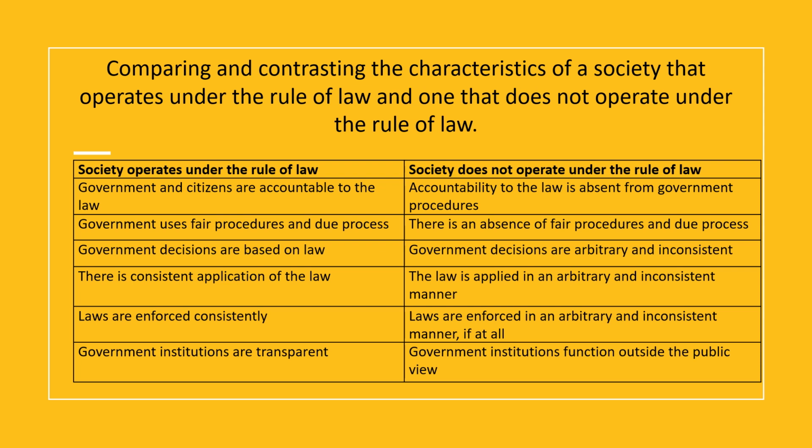So let's look at the two issues that we just focused on in terms of government decisions and the application of the law. Well, imagine if a government decision is based on law, that means that there is a certain precedence that is set, that the government is going to base its decisions on law.